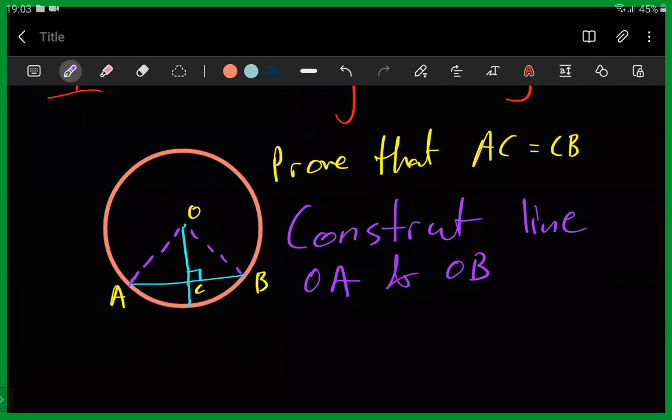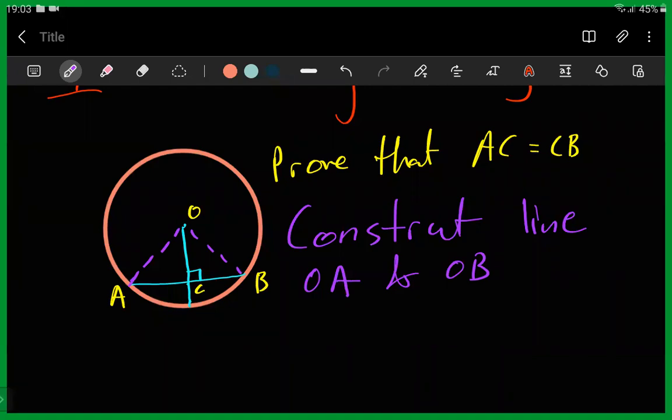But now you want to make it normal, especially for Euclidean geometry. You add stuff to your question that make it make sense, especially when you're proving, you see. Also sometimes when you just have to answer questions, you can construct a specific line for yourself so that it can help you use a theorem. It's 100% legal.